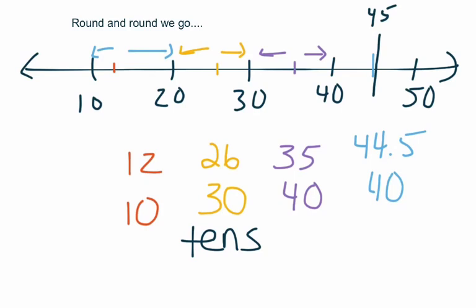So if you're asked to round to the nearest 10, you look at the ones digit. You don't look over to the tenths digit. Sometimes students do that. It's like chain rounding where they look too far to the right and chain it up. But if you look at the number line, the 44.5 is closer to the 40 than it is to the 50. So you don't want to accidentally round stuff up. It happens every once in a while.